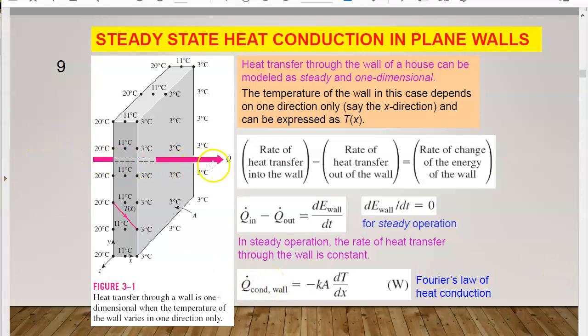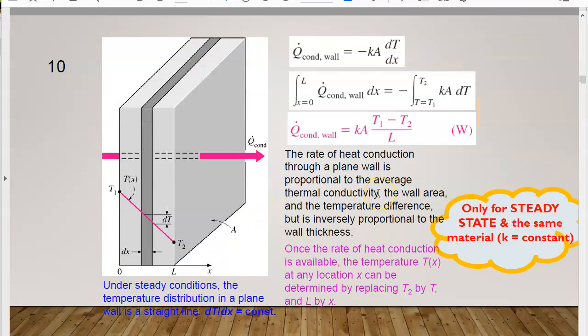So here Q is T1 minus T2 over dx. T1 is 20 minus 3. We don't put any X here. Here, conduction. Here is an example of the same material.